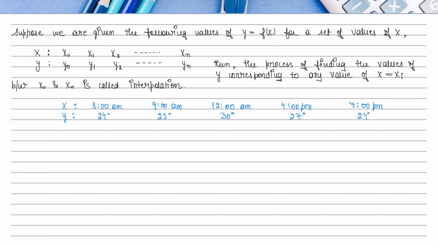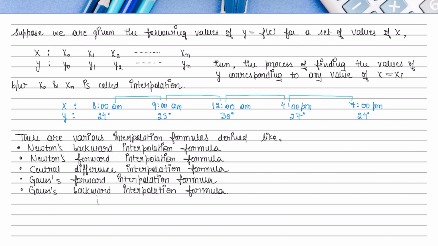In the example we have already considered, we can see that in these two time intervals there is a gap of 1 hour only, but in these two intervals there is a gap of 3 hours, and after that there is a gap of 4 hours and then 3 hours. There are various interpolating methods.